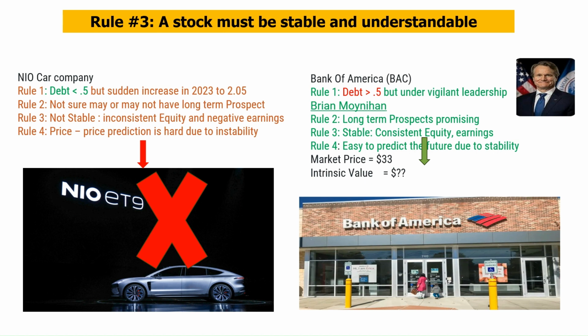I don't know actually. For rule number 3, it is not stable at all, because there was inconsistent equity and negative earnings, and the debt management was also not consistent. And for the fourth rule, price prediction is hard due to the instability in rules number 3, 2 and 1.